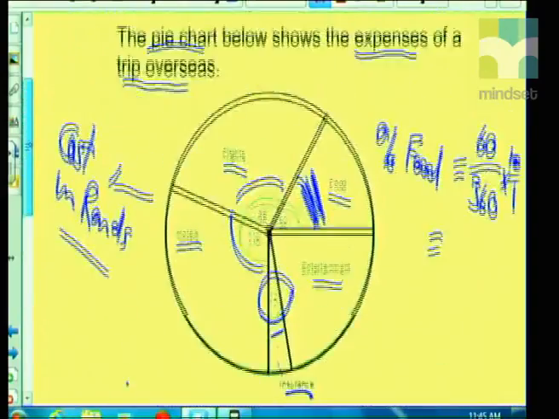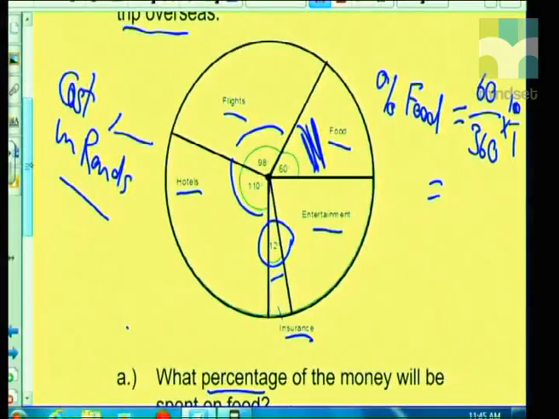So we've got to look at the pie chart. We've got to say to ourselves, first of all, what portion was used for entertainment? We don't even know that. We know that there was 16.67% used on food, but we don't even know the angle there. So to work out the amount of money used on entertainment, let's do some calculations.